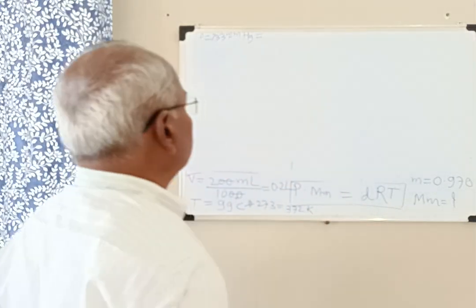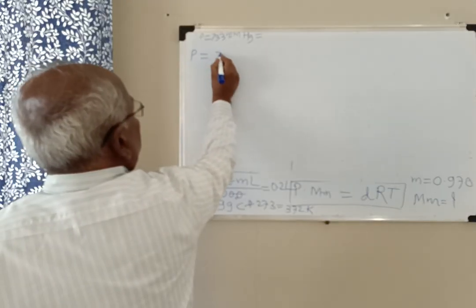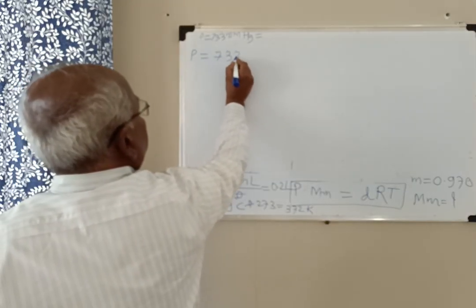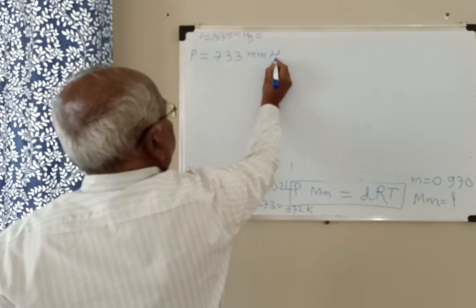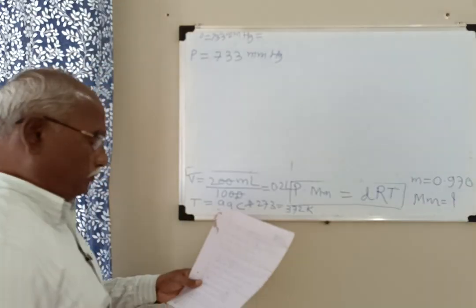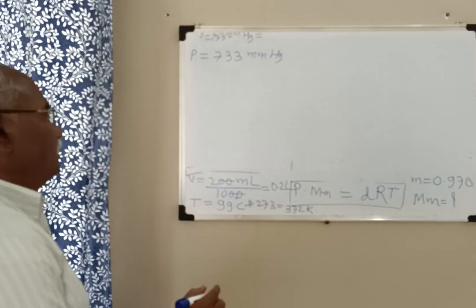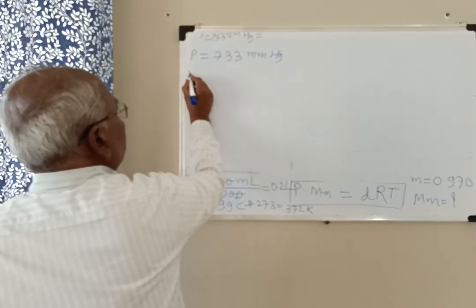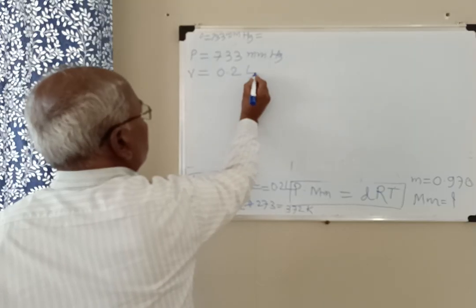So I write here P is equal to 733 mmHg. V is equal to 0.2 liter.